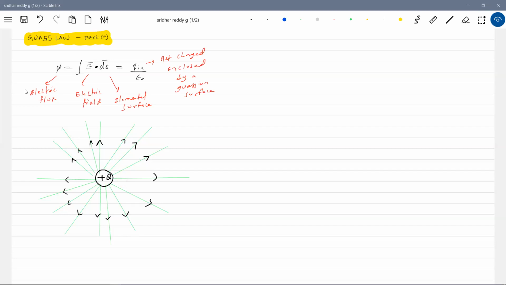So what I do is let me bring a surface here. I'll keep a surface, of any arbitrary shape, and the same surface I'll move it here.